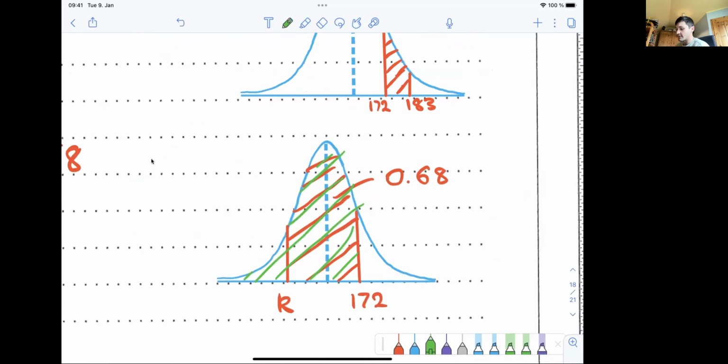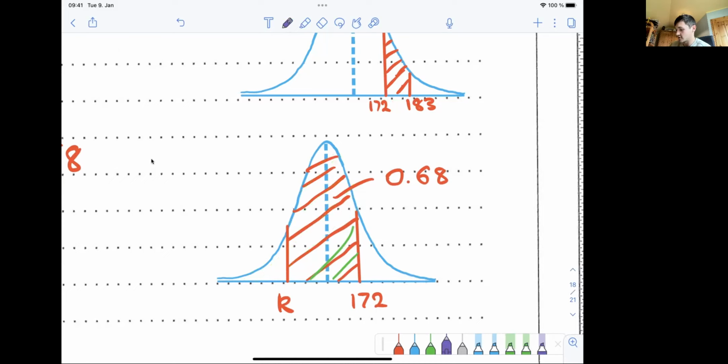And we find that value, and then we substitute 0.68, which is this middle area, and we would be left with this. That would give us the probability of an apple being less than K, and from there, that will help us find K.